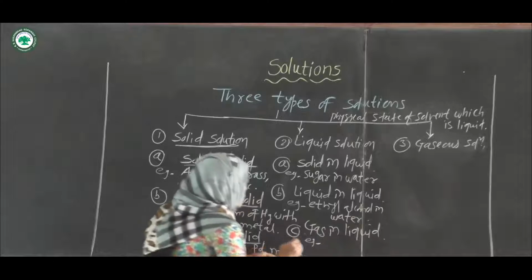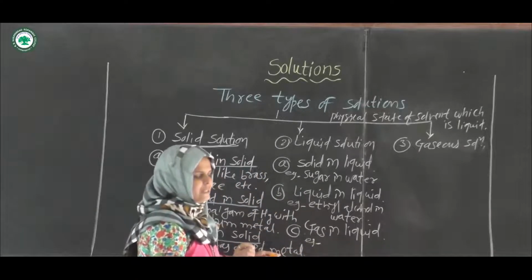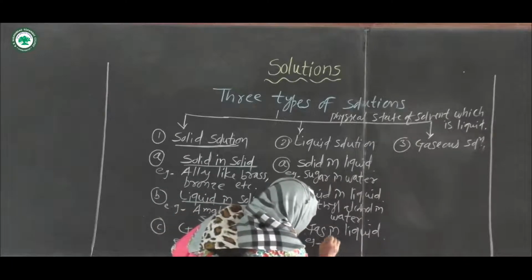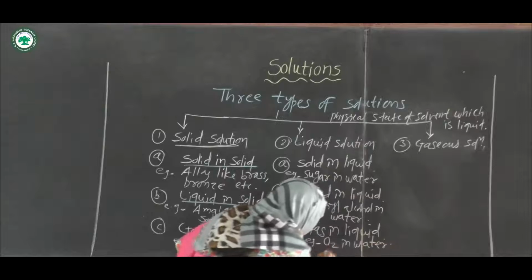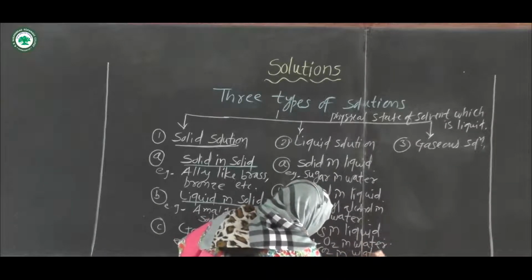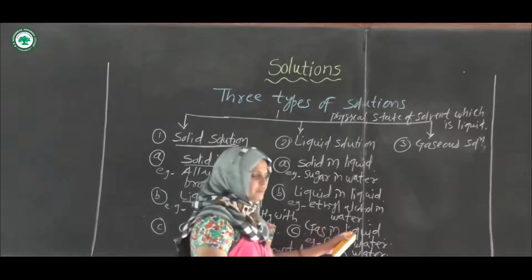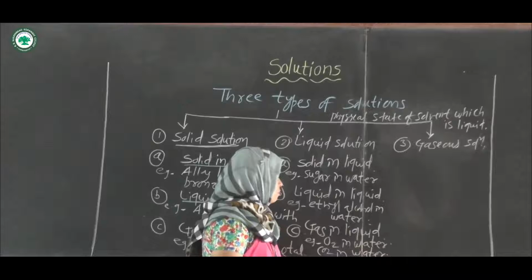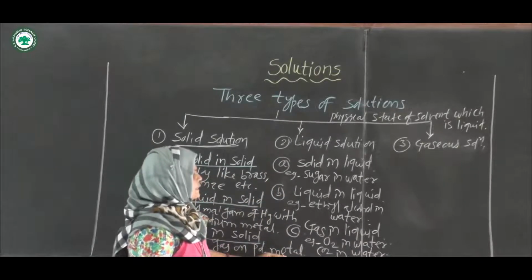Dissolved oxygen or dissolved carbon dioxide in water, O2 in water and also carbon dioxide, CO2 in water. O2 and CO2 are gases which are dissolved in liquid, that is, the water. Okay, it is the example of gas in liquid.